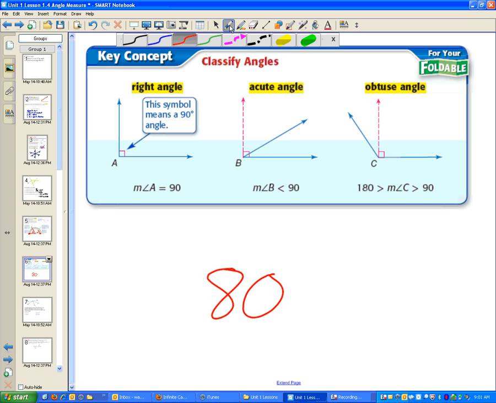Other thing I want to point out, that little symbol right there, they tell us it means 90 degrees. It also means right angle, because right angle and an angle whose measure is 90 degrees mean the same thing. And it also means, do you know what else? Perpendicular.